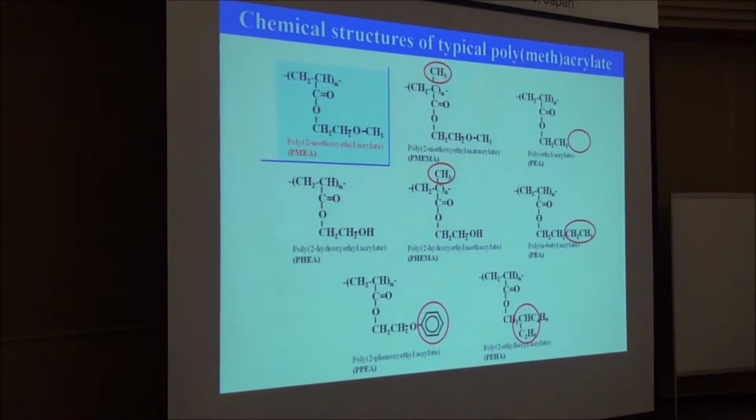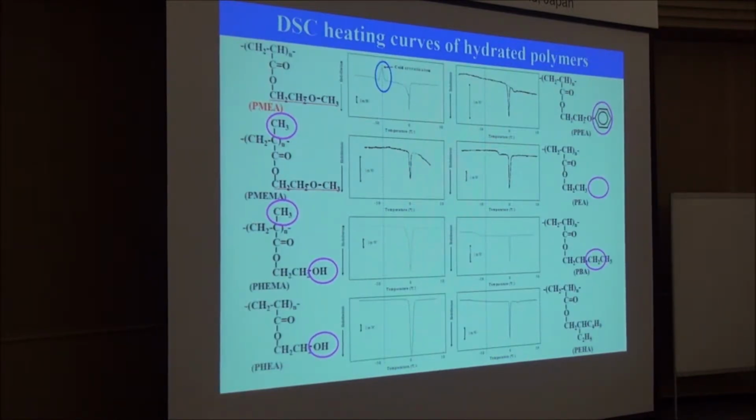There are many types of polymeric materials with different physical-chemical properties. This is a result of the water structure, the water state. You see here again PMA, with cold crystallization of water. This is intermediate water. But for the others, there is no intermediate water. The side chains are almost the same.